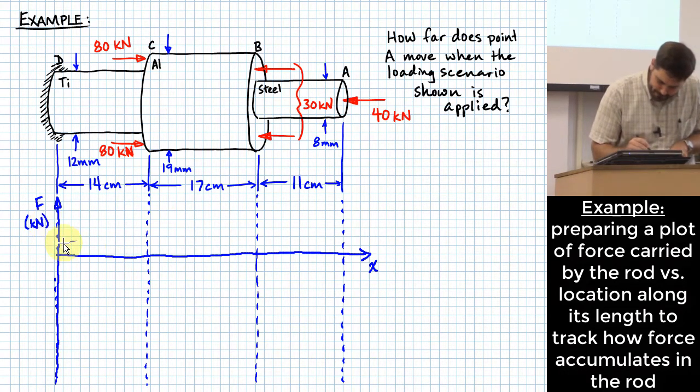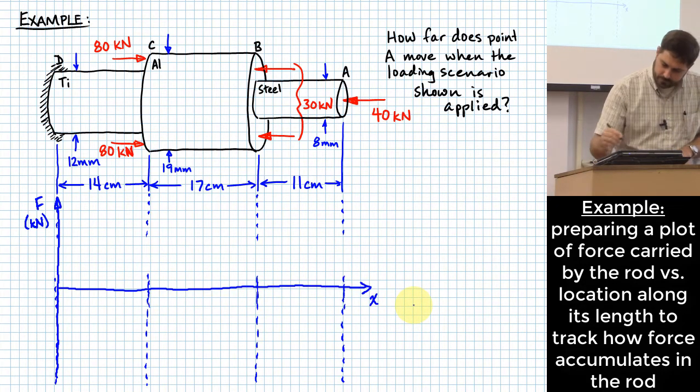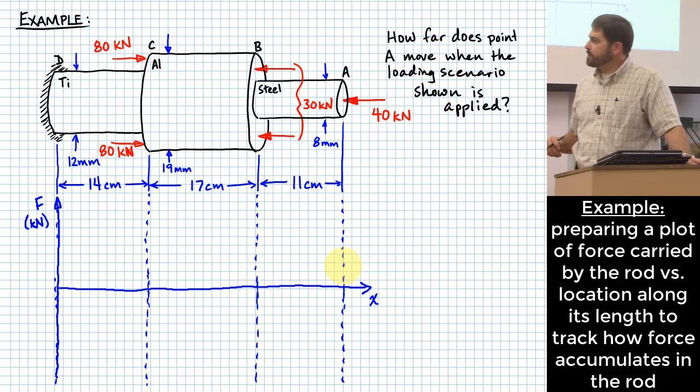I'm a little concerned about where exactly I drew this axis, so I'm going to move it a little bit, because I want it to be at least roughly to scale.